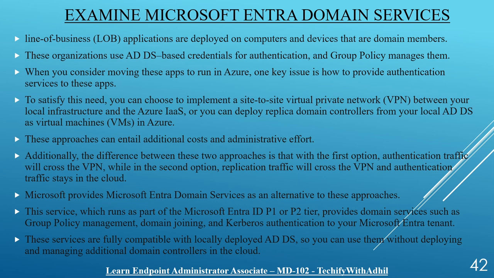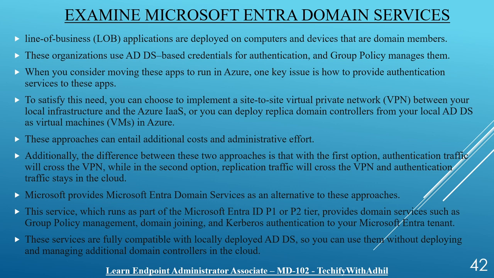So additionally, the difference between these two approaches is that in the first option, authentication traffic will cross the VPN, while in the second option, replica traffic will cross the VPN and authentication traffic stays in the cloud. So Microsoft provides Microsoft Entra Domain Services as an alternative to these approaches.